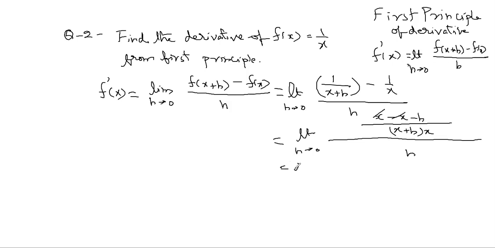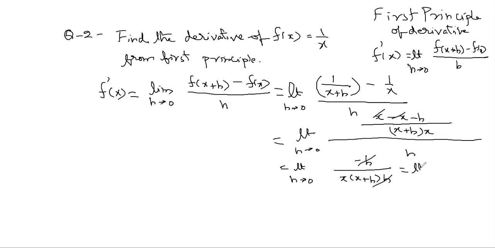I told you before, before putting the value of h, this denominator h should always be removed, otherwise you will get infinity and you will not get the value of the derivative. It will not exist. So this h will come here, and this h and this h will cancel.